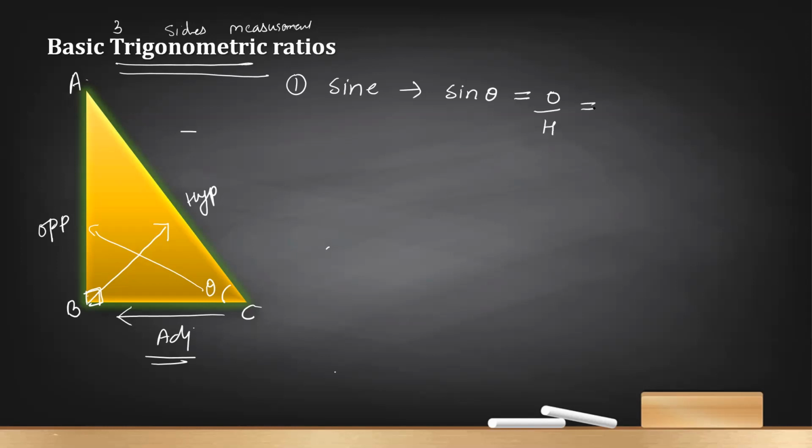So if I say sine C, the opposite side over here is AB divided by AC. The second ratio that we have is cosine. Cosine is also written as cos theta. Cos theta is always adjacent upon hypotenuse. So this is going to be BC upon AC.